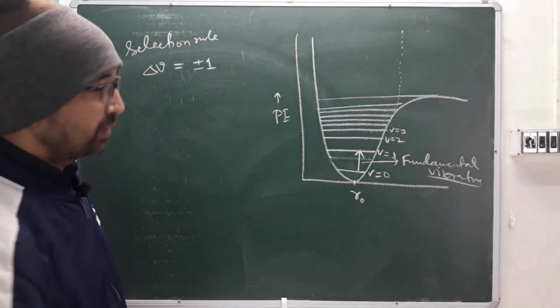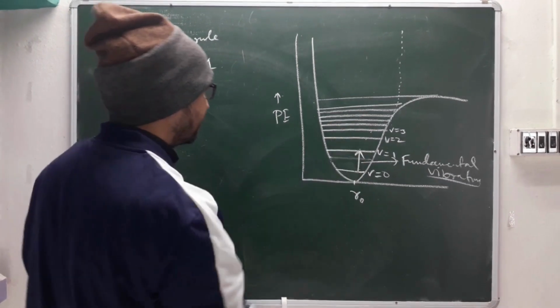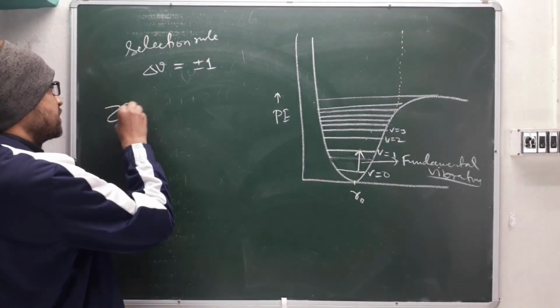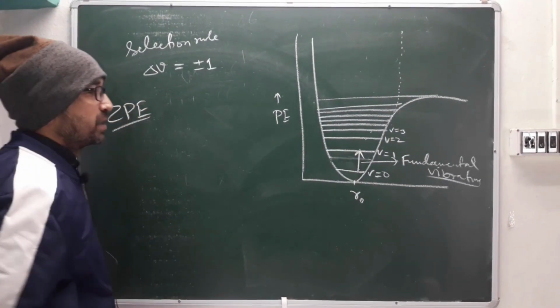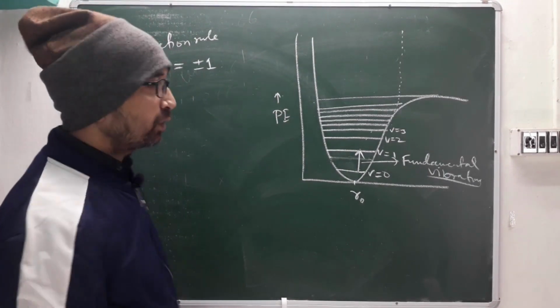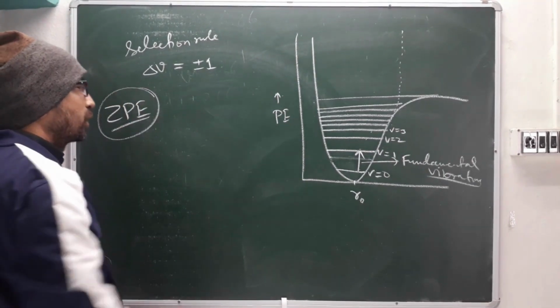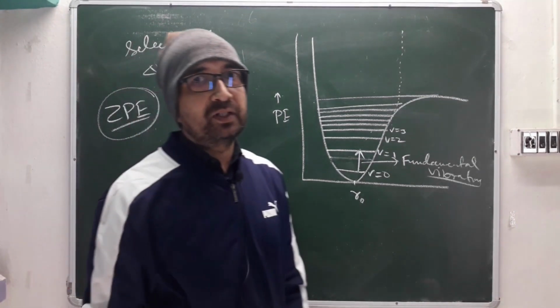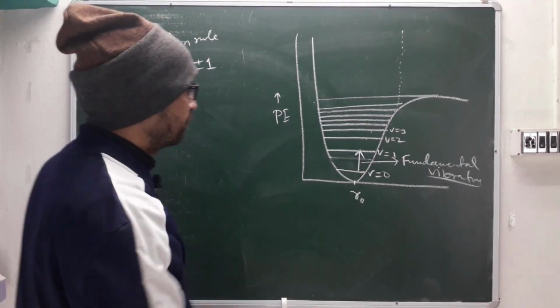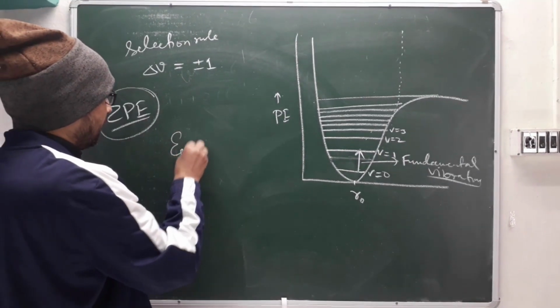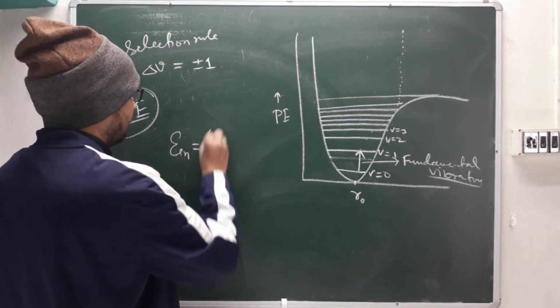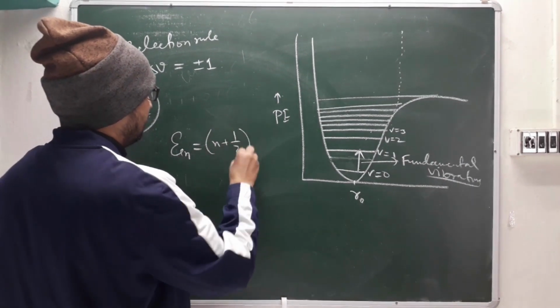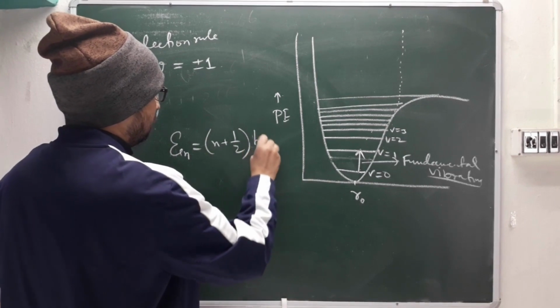And one more thing will come from this Morse curve diagram. We'll find out the energy levels. How are we finding energy? En will be n plus half, times h nu.